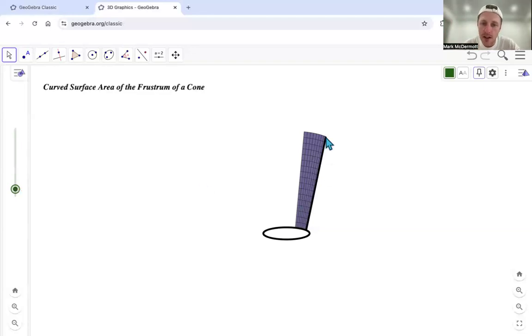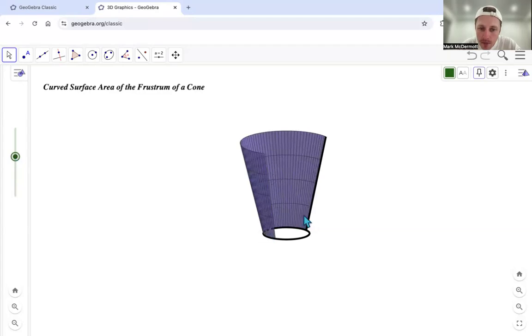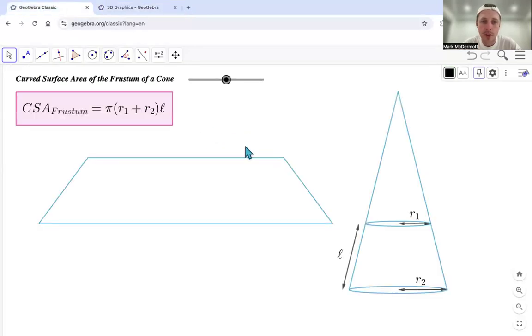Then this slant height would become the perpendicular height of the trapezium, because you can see that the spacing at the top is larger than the spacing at the bottom. So when you stretch it out, the slant height will get stood up to become the perpendicular height of the trapezium.